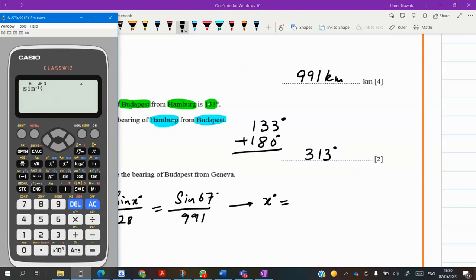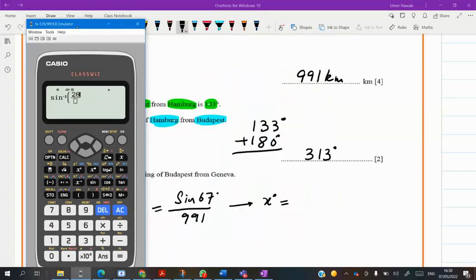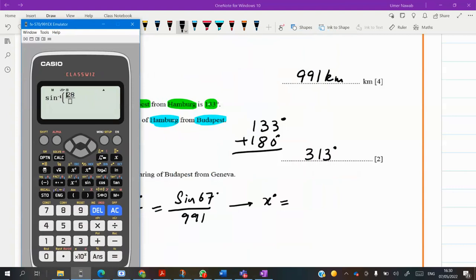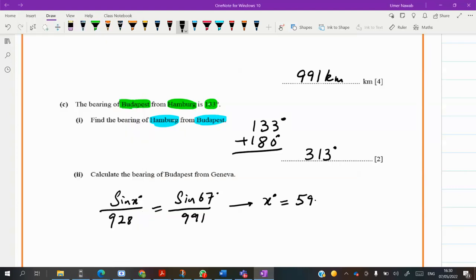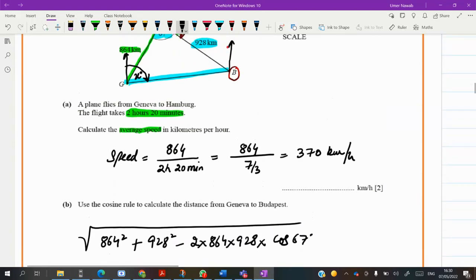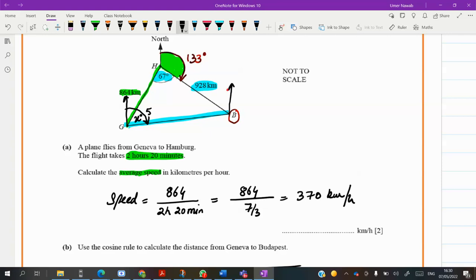Shift sine of 928 times sine 67 over 991. I got my answer 59.4. So this angle is 59.4.